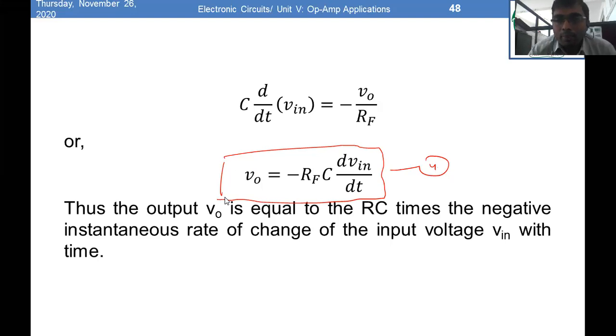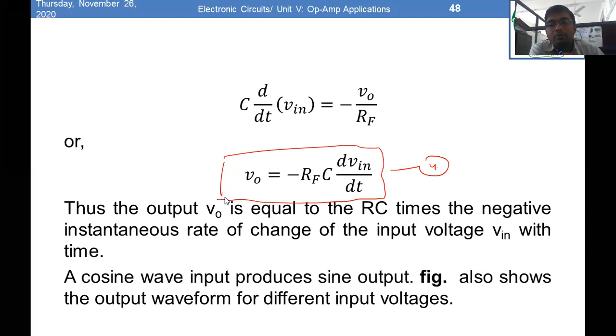So in this way, you can see that the output voltage V0 is equal to Rf C times the negative instantaneous value of the rate of change of the input voltage Vin with respect to time. So this is the relationship between the input and output voltages.